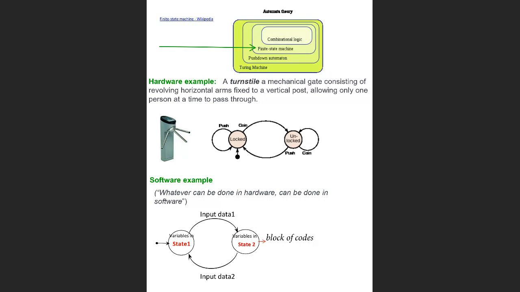When certain new data are coming, those data being processed by this block of codes modify state of variables. So depending on input data, we can pass from state 1 to state 2, or supplying another input data, we can pass from state 2 to state 1.